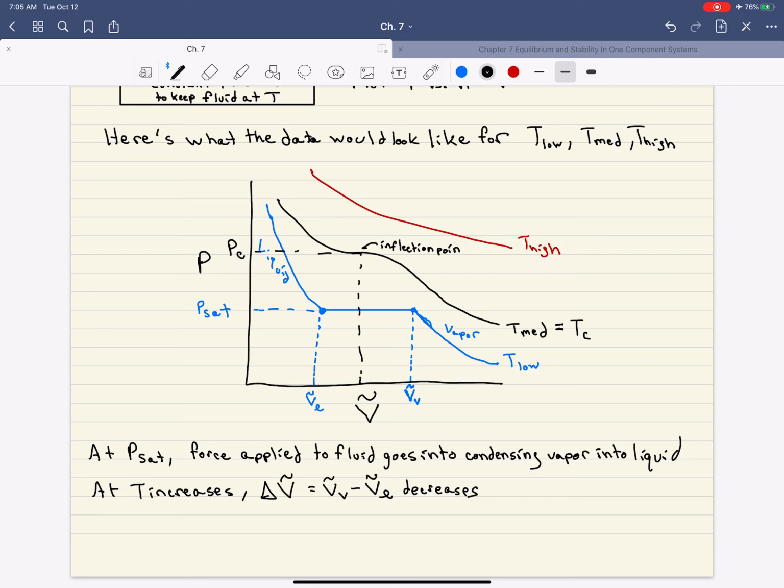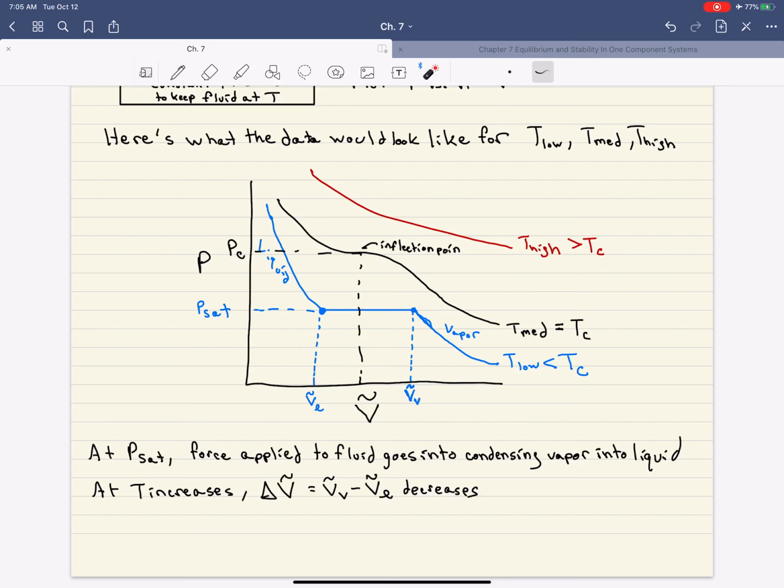Right? And so, at this low temperature, what would be temperature low would be a temperature that is less than Tc. And then temperature high would be a temperature that is above Tc. Okay? And so what this physically means is that if you're below Tc, you could see a phase transition between the vapor phase and the liquid phase.